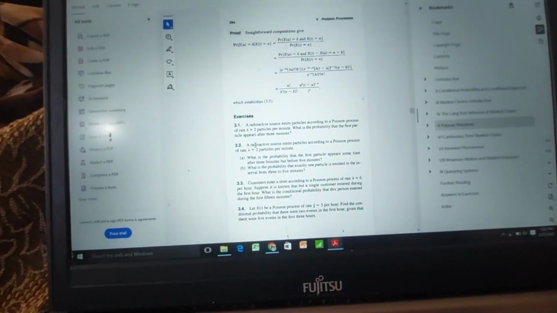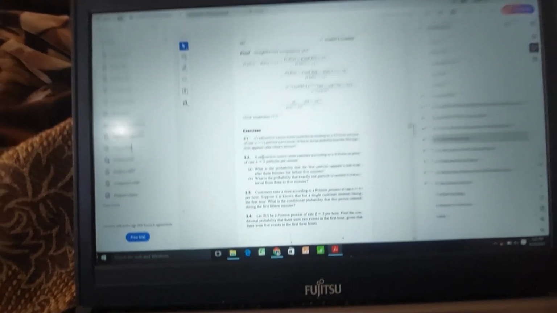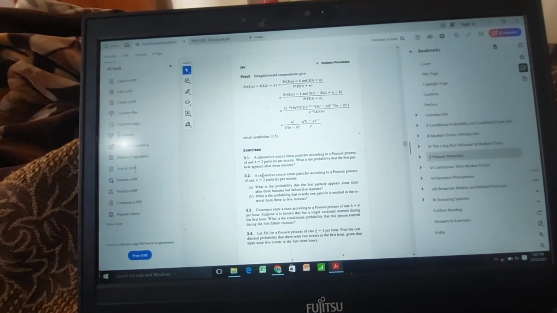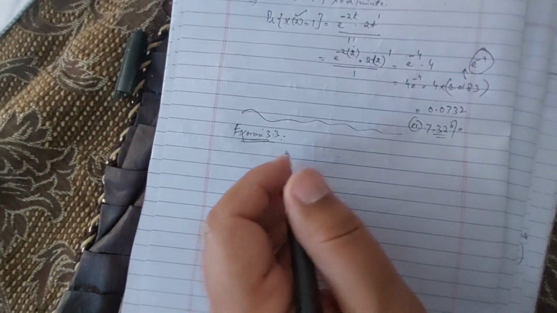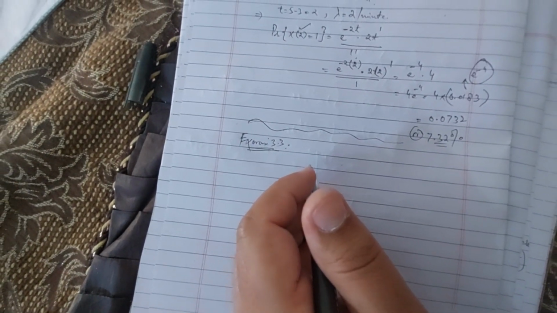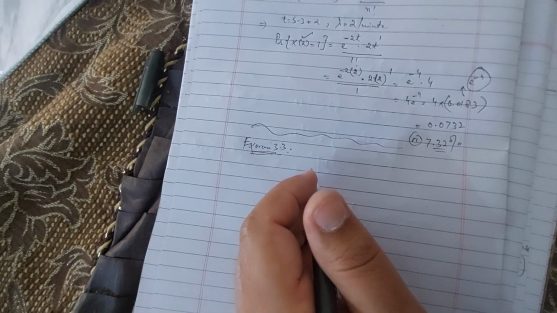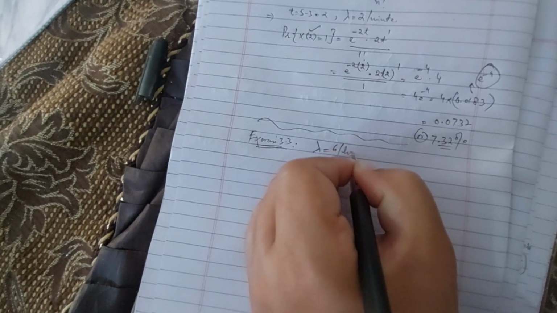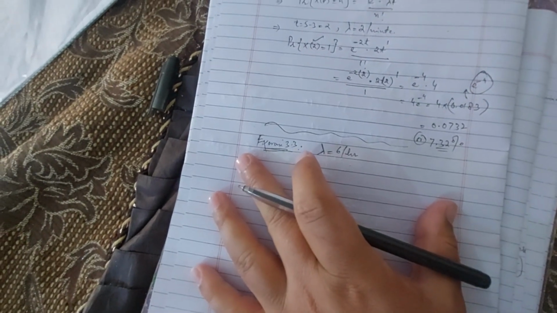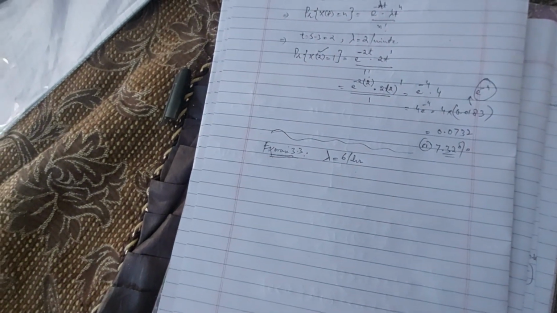By the way, these are the problems that I am doing, on page number 294. So lambda is equal to 6 per hour, this is the arrival rate.